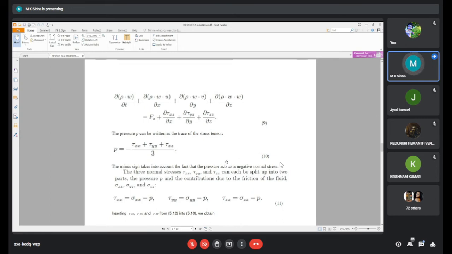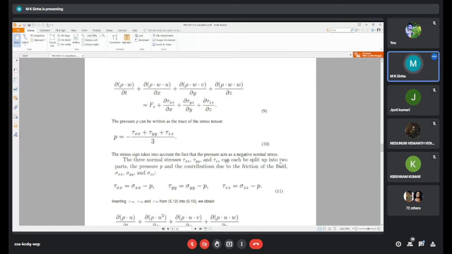The pressure can be written from the stress tensor as nothing but the summation of all three normal stresses divided by 3, negative. So p equals minus (tau xx plus tau yy plus tau zz) divided by 3, since stresses act outwards whereas pressure always acts inwards.